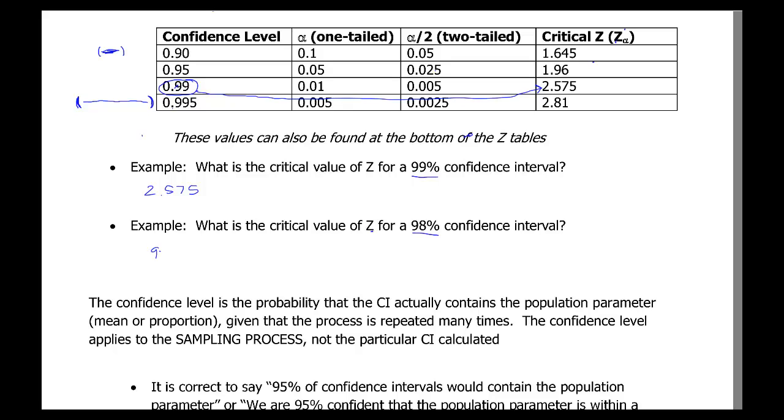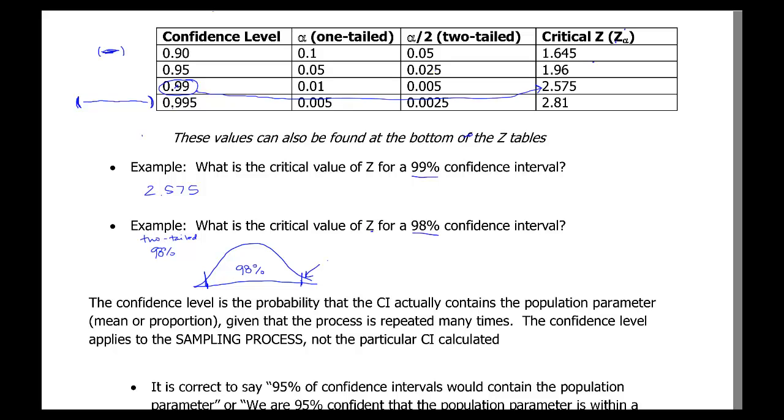So 98%, remember all confidence intervals are two-tailed. And if we want to be 98% confident that the population mean is between two things, we want an area of 98% in the middle.